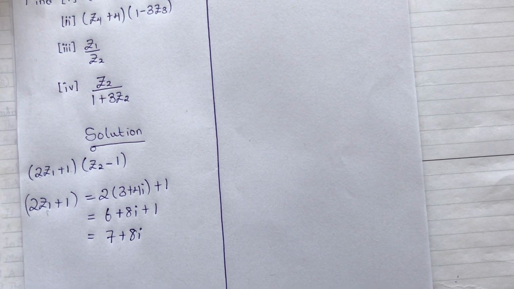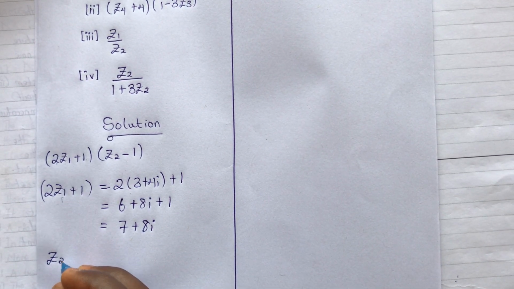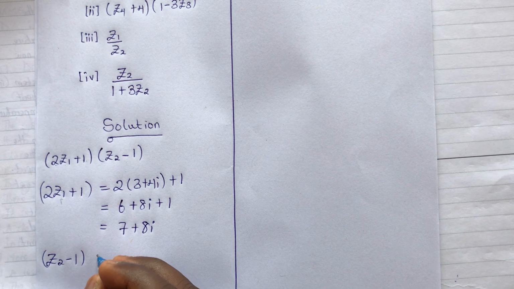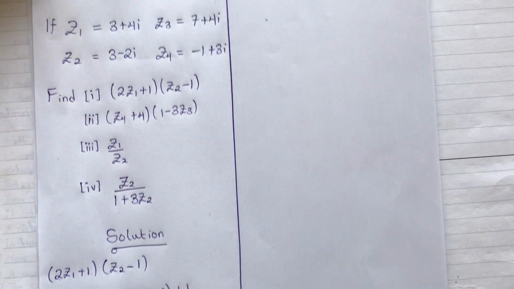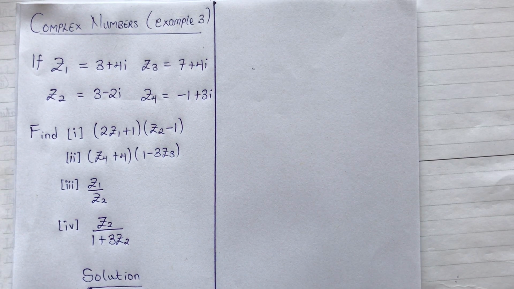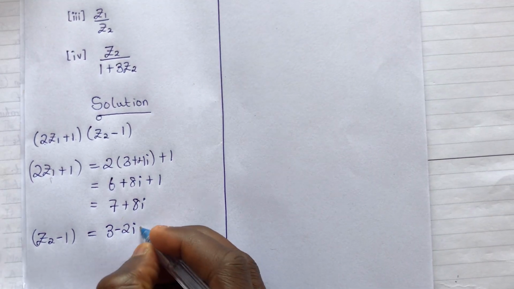So let's work on the second one. And we have z2 minus 1. So z2 minus 1 is giving us, what is z2? So when we go there, z2 is 3 minus 2i. So let's put it in. So we have 3 minus 2i and minus 1.